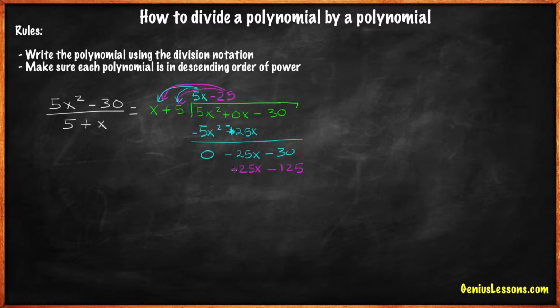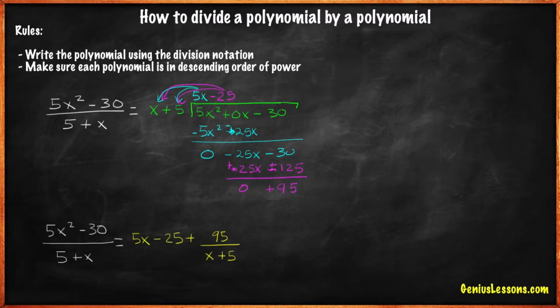Change signs and add. Negative 25x plus 25x equals 0. Negative 30 plus 125 equals 95. The remainder is 95, so we write the answer as follows: 5x minus 25 plus 95 over x plus 5.